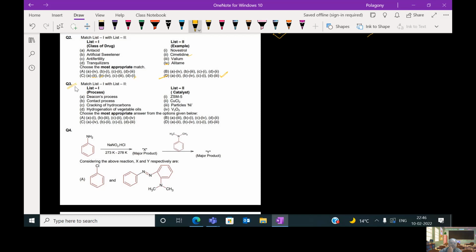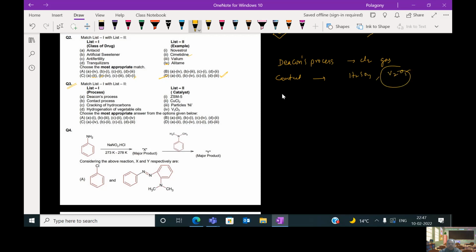Now the third question, again match the following: Deacon's process, contact process. What are these processes? Deacon's process is for the preparation of chlorine gas. By the contact process, we can prepare sulfuric acid, using the catalyst vanadium pentoxide.